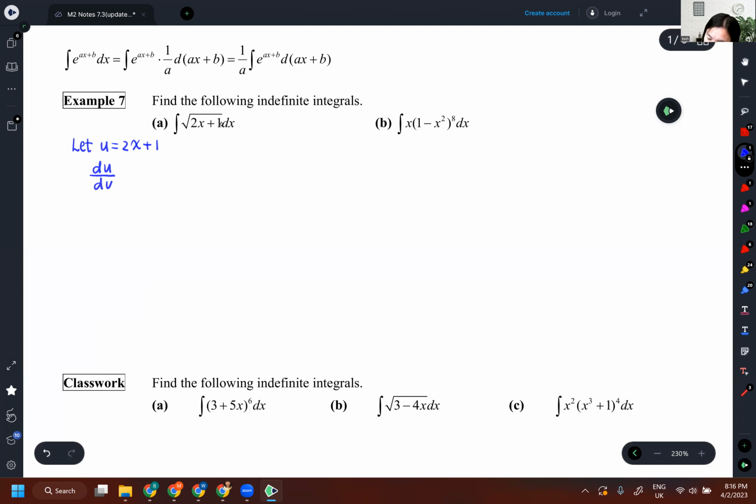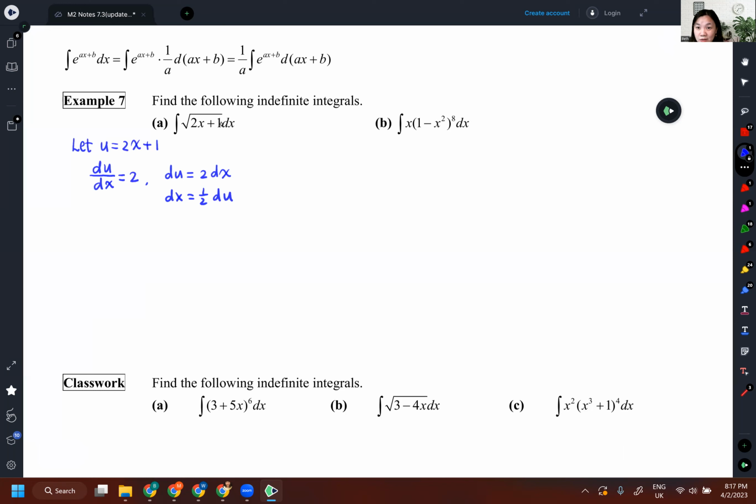Right now, it's something divided by something. It's not a fraction, but it's a limit of a fraction. So technically you can do that. And also, because I need to change dx to du, so I will change it to dx equal 1 over 2 du, so that my substitution can be completed.